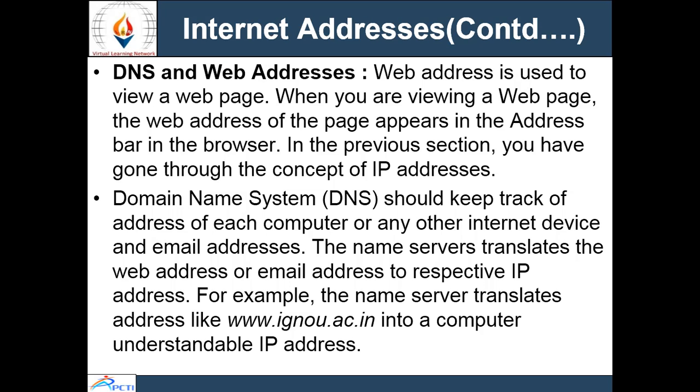DNS should keep track of the address of each computer or any other internet device and email addresses. The name servers translate the web address or email address to the respective IP address. For example, the name server translates an address like www.ignou.ac.in into a computer-understandable IP address.